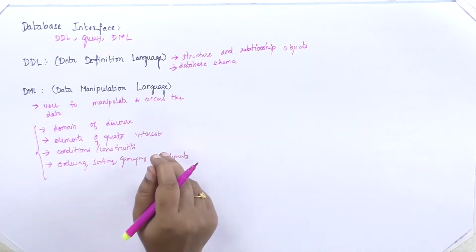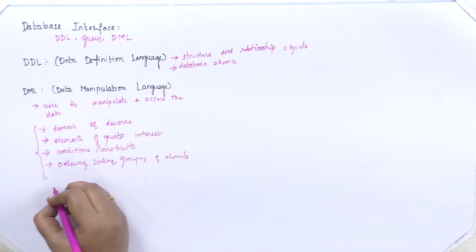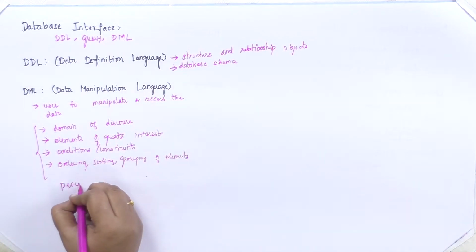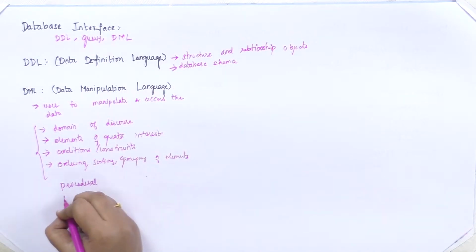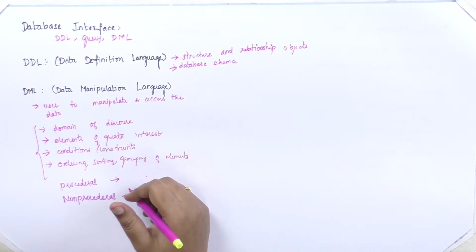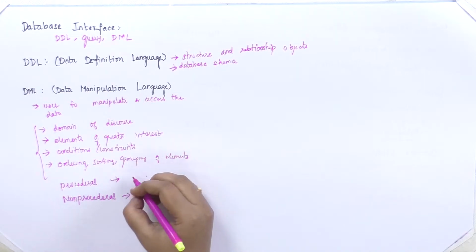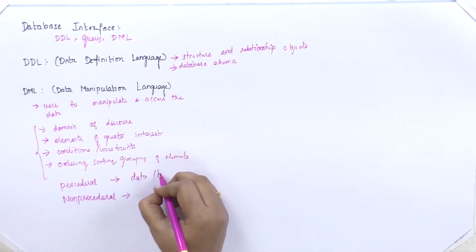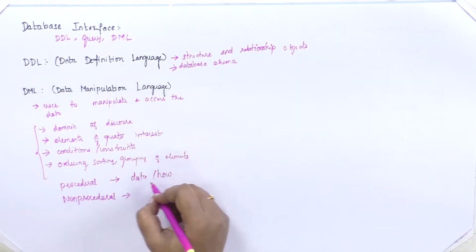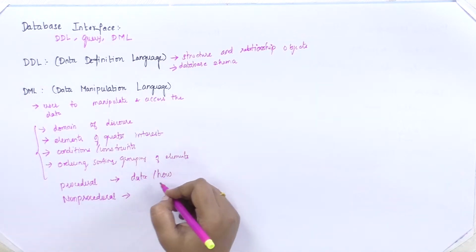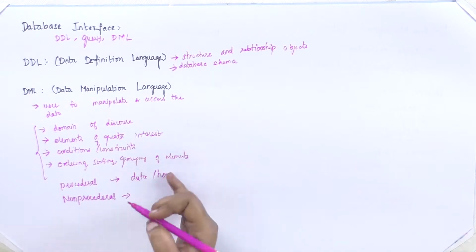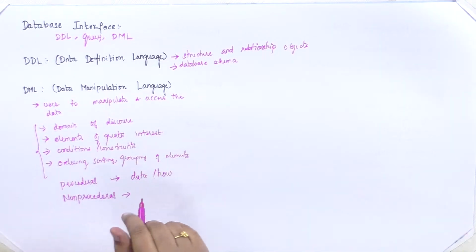A DML, a data manipulation language query, can be procedural or non-procedural. With procedural DML, the user will be able to specify the data as well as how we will get the data. So these two pieces of information are given by the user. If two pieces of information are given by the user in a query, then that query is called a procedural DML query.